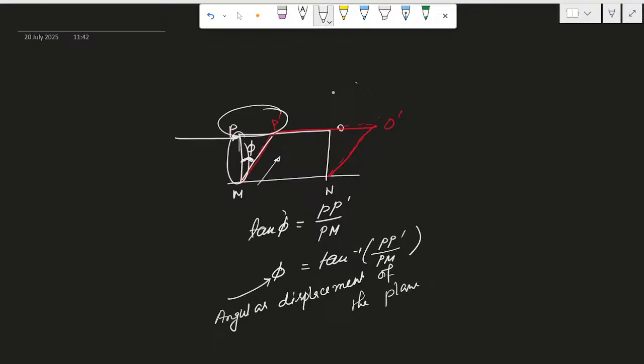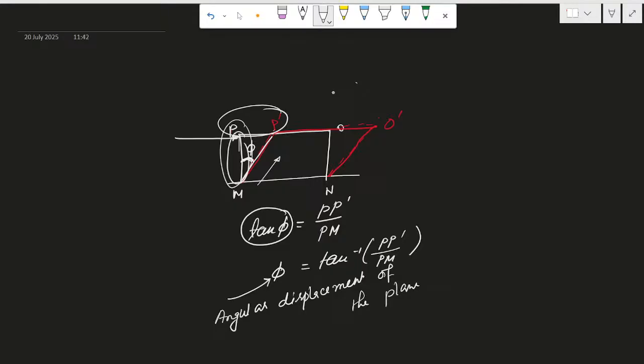Now you see, this tan phi is P dash by PM. This tan phi can be named the shear strain, because P dash gives you the angular displacement, and PM is the fixed plane. So the displaced plane is given by P dash, and PM is the fixed plane.